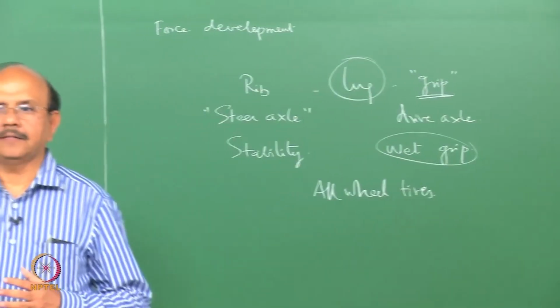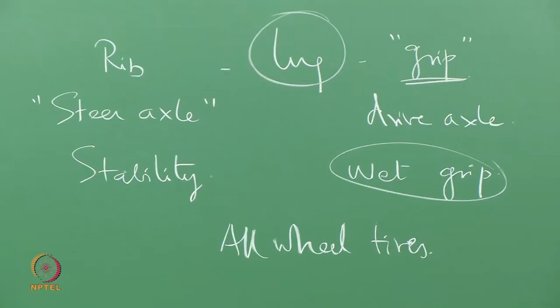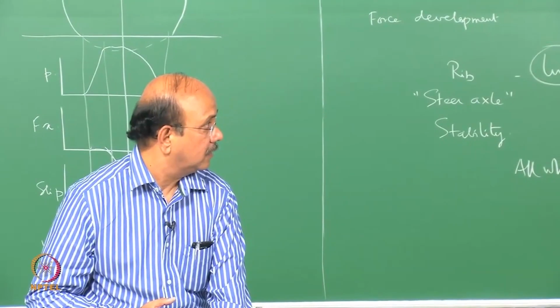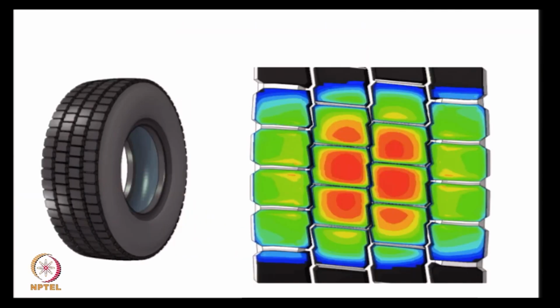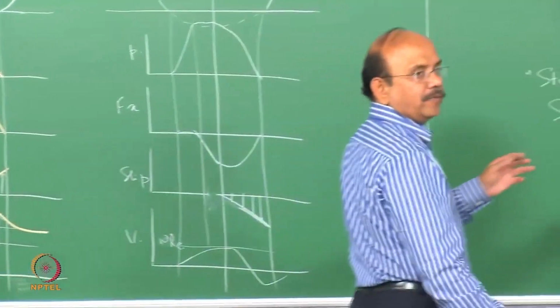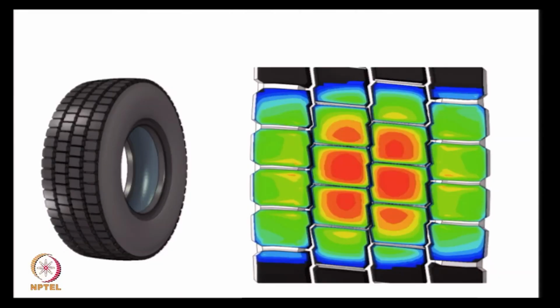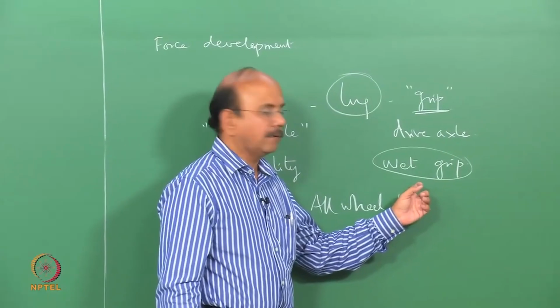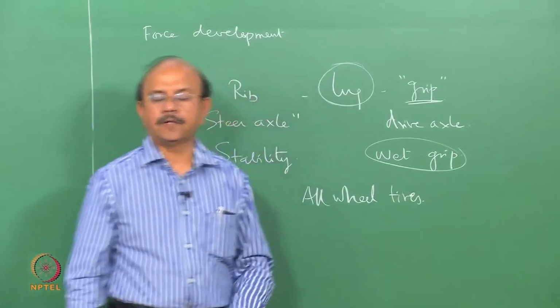Because there are channels, if you look at a lug tire, you would see a number of lateral channels for removing water as it goes along. What is called hydroplaning is avoided in this kind of lug tire.